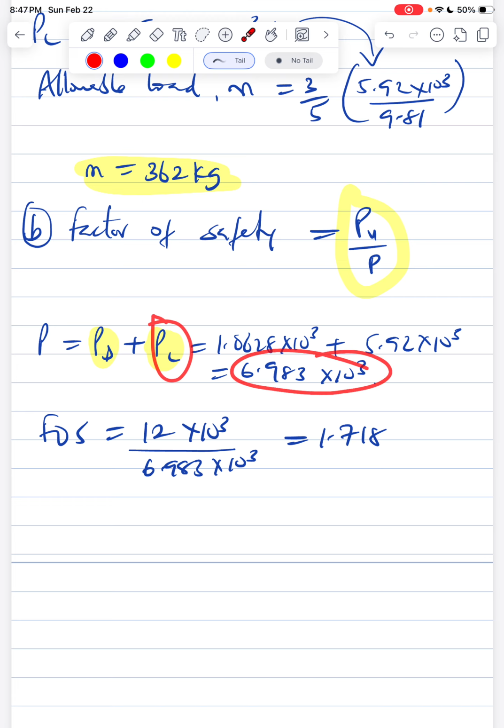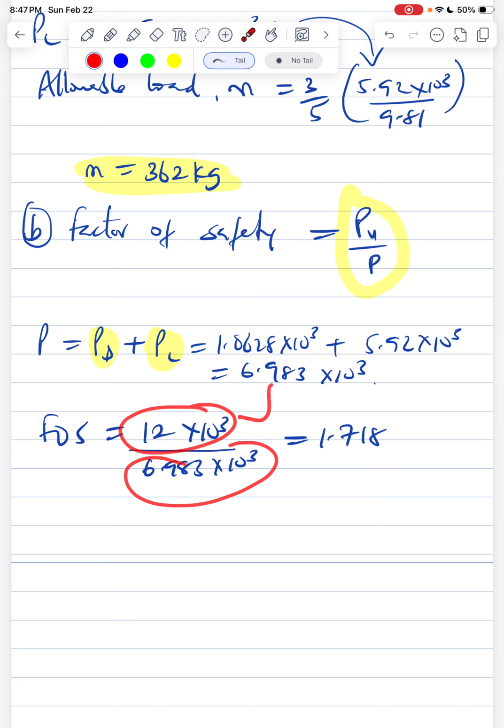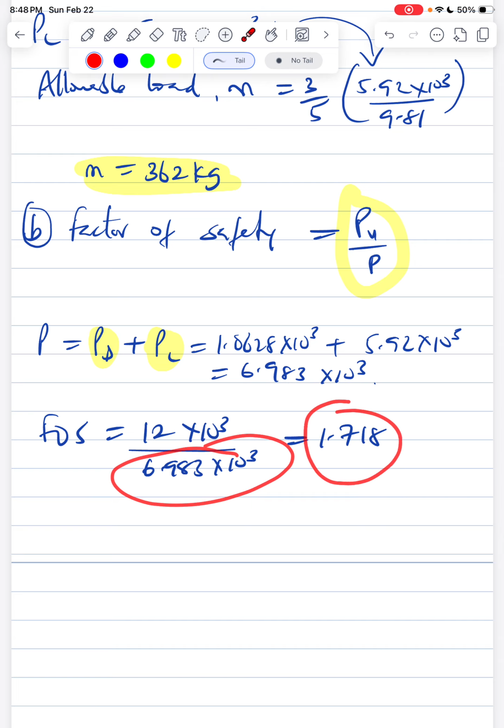That's how we get a total. Of course, this is only a fraction of 12, because it says 12 is the maximum. The closer you are to 12, the more risky it is. So the conventional factor of safety is simply the ultimate load divided by the total load. It gives us 1.718.